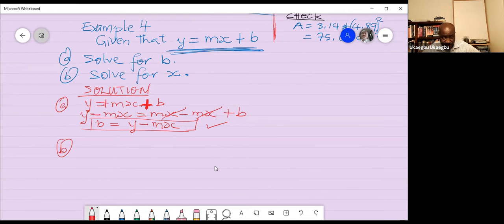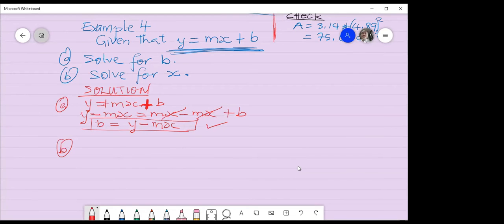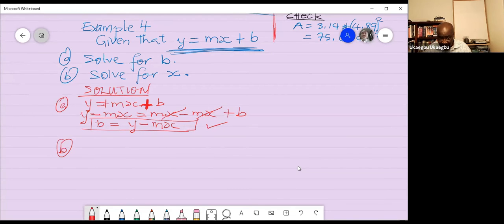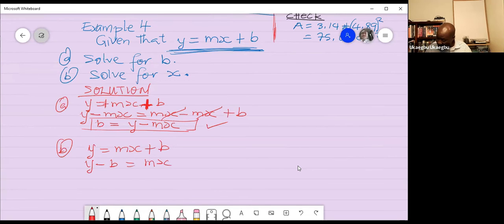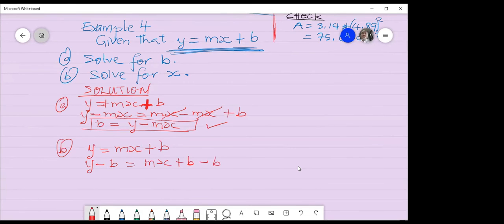Farah, go. Tell us. Please increase your volume, please. Okay. So she said, I'm going to do exactly what she's saying. We started with y equal to mx plus b. She did y minus b, subtracting b from both sides. Y minus b equal to mx plus b minus b.